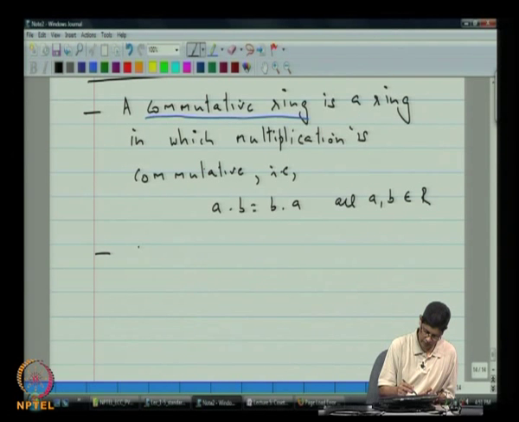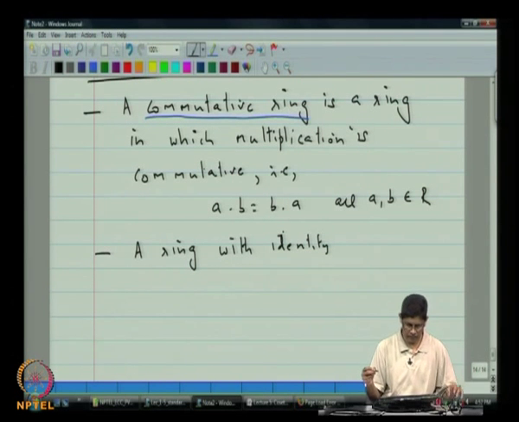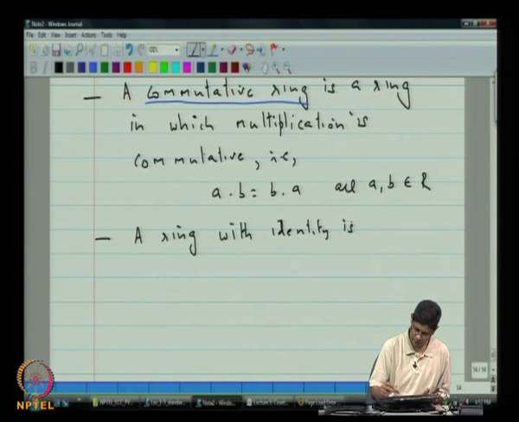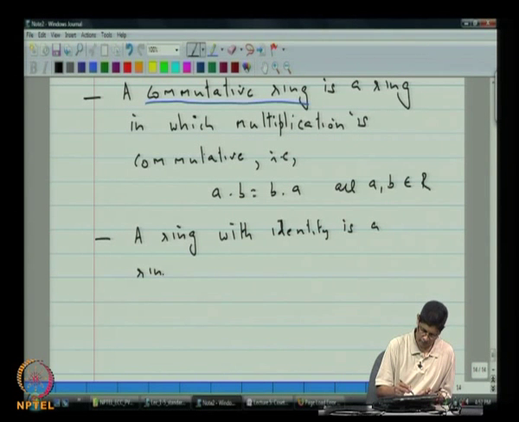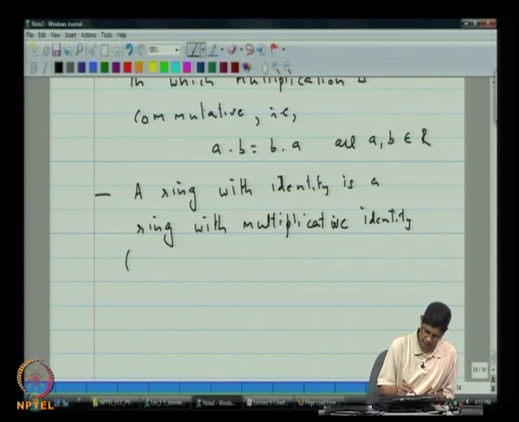Then a ring with identity is simply what it says, a ring with multiplicative identity, which we will call 1.